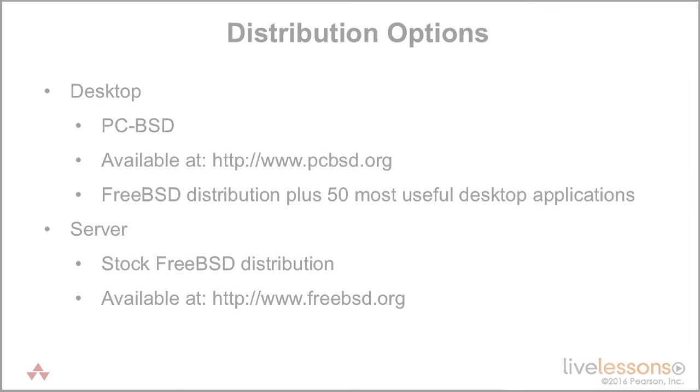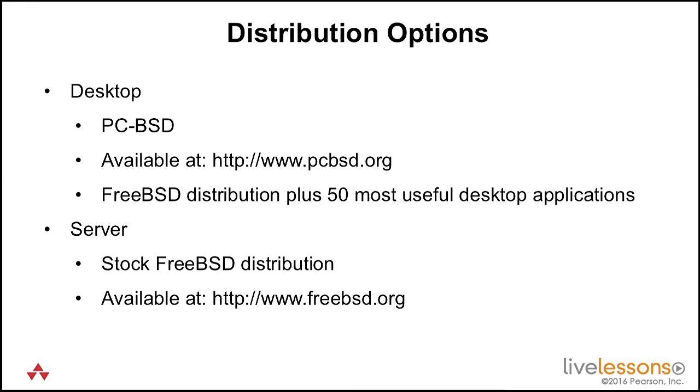There, at the opposite extreme, is the full generic FreeBSD distribution that has everything in there, all the different file systems, all the different networking stacks, etc., and is ready to roll on as big a system as you want to drop it onto. That you would get from the FreeBSD organization itself. If you go there, you can see you can get current, and you can get the various different stable releases and so on.